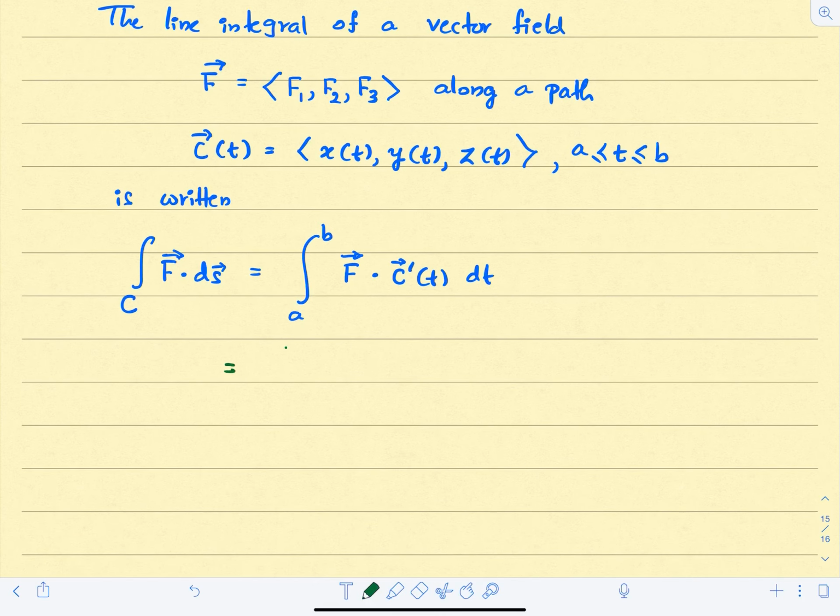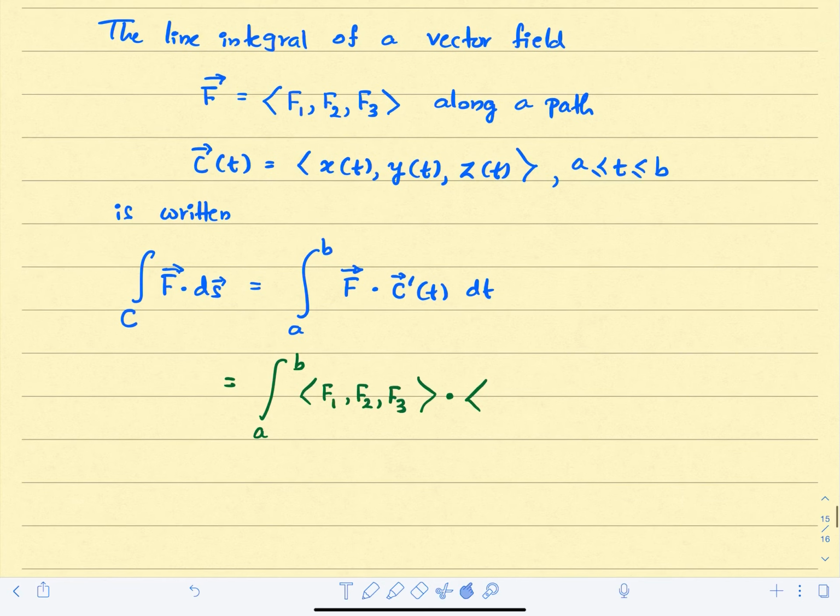Now what is F? F is the vector F1, F2 and F3. And what is C prime? Since C of t equals this, its derivative should be x prime t, y prime t and z prime t, dt.